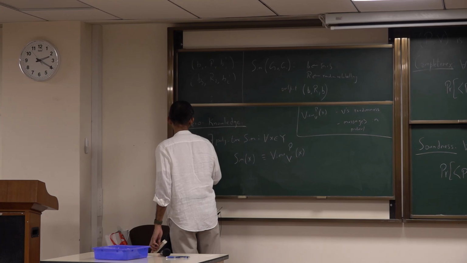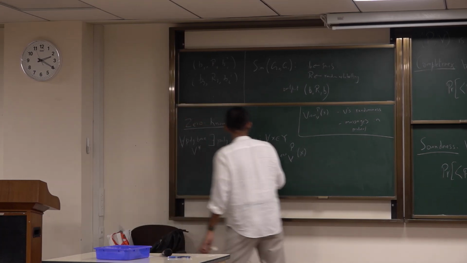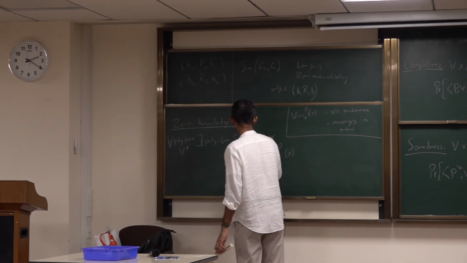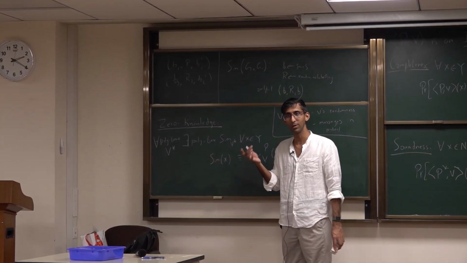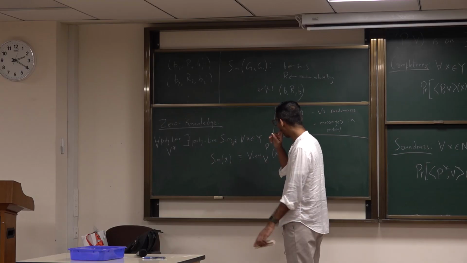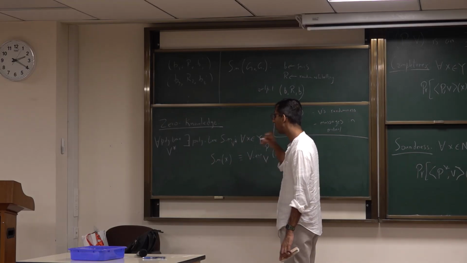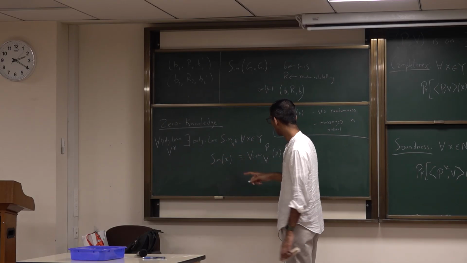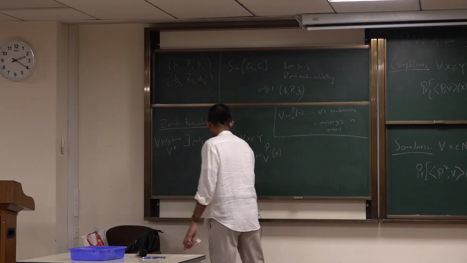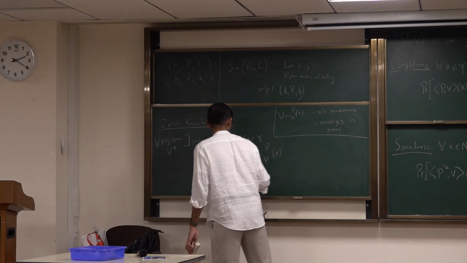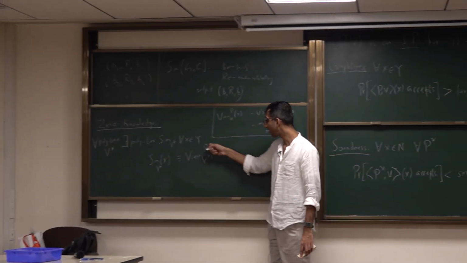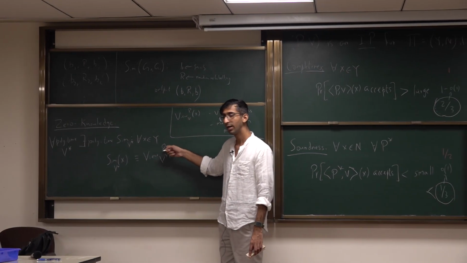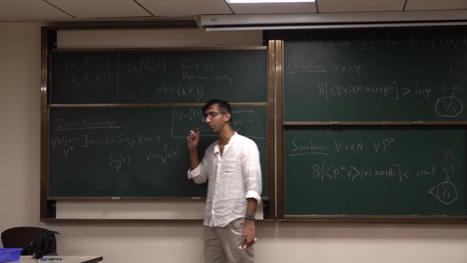For any polynomial time algorithm V star, I want to say there is a simulator that is specific to that V star. It could be different for every possible verifier, but for every verifier I want one, right? And here I'm going to look at the view of that particular verifier interacting with the honest prover, and I'm going to ask that the simulator simulates that view.